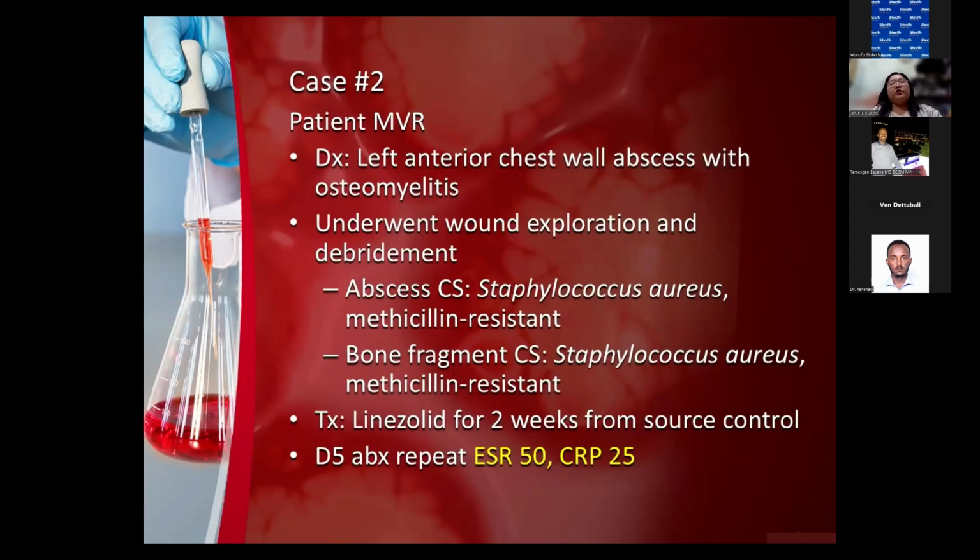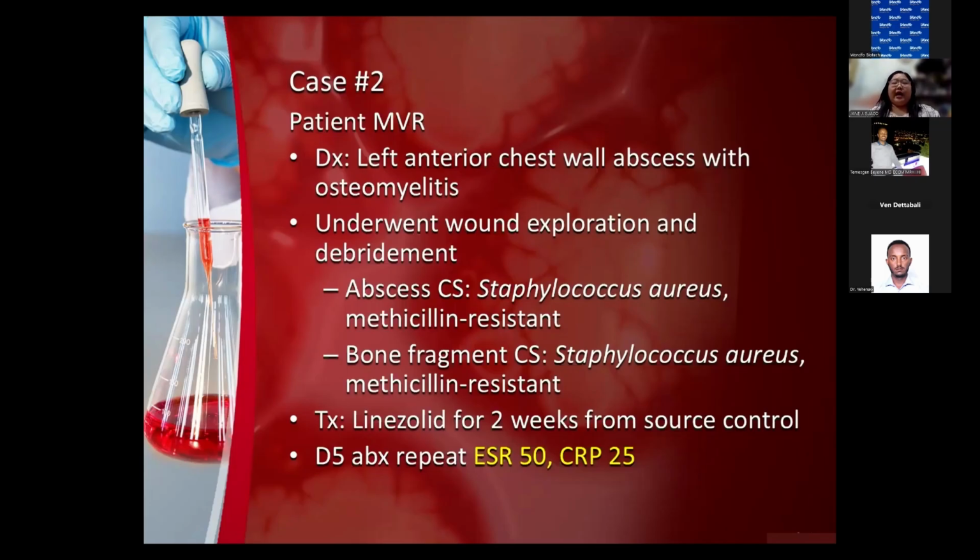So the patient eventually was diagnosed with left anterior chest wall abscess with osteomyelitis and underwent wound exploration and debridement. Abscess and bone fragment culture both grew Staphylococcus aureus, methicillin-resistant or MRSA, and she was then treated with linezolid for 2 weeks from source control.